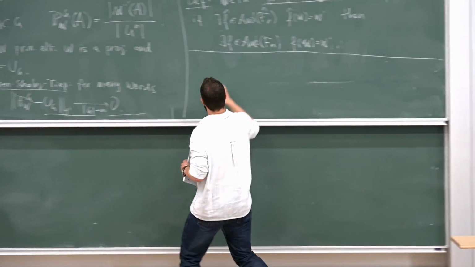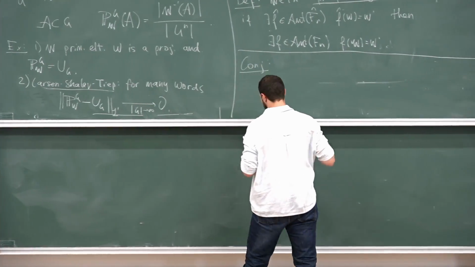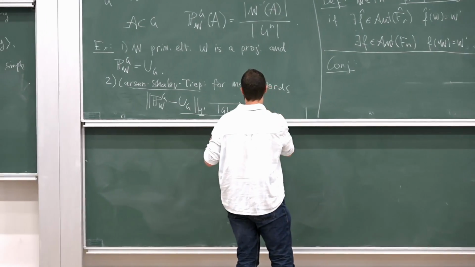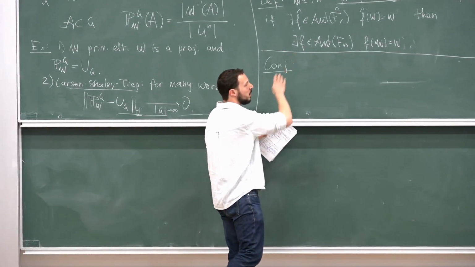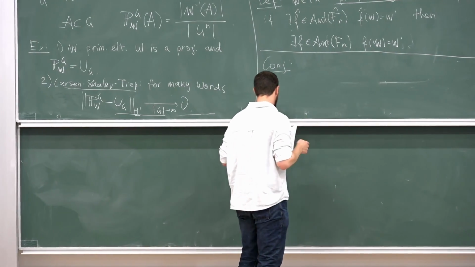So yeah, as you probably understand by now, people believe that every word should be determined by the word measures that it induces, or alternatively that whenever two words lie in the same profinite automorphic orbit of the free group, they lie in the same orbit.